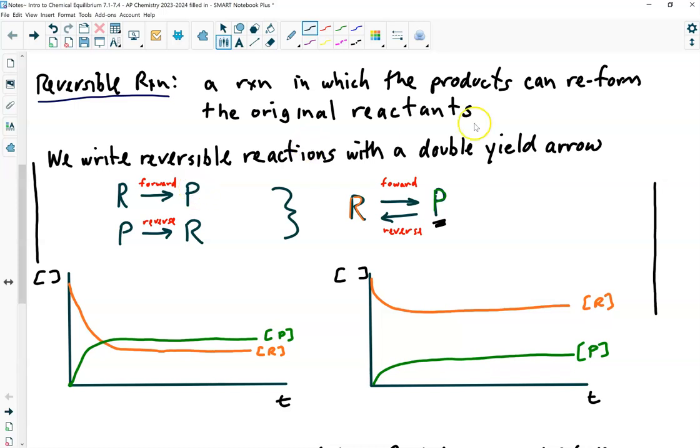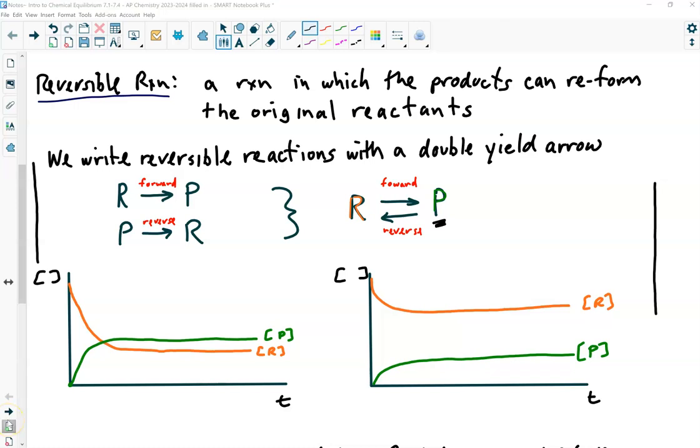But then we just said the product can re-become the original reactant, and we call that the reverse direction or the reverse reaction. And rather than write that reactant can become product and then product can become reactant, we write reactant becomes product, and we use a double arrow.